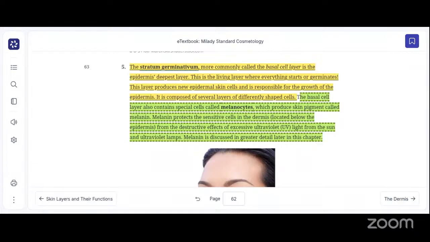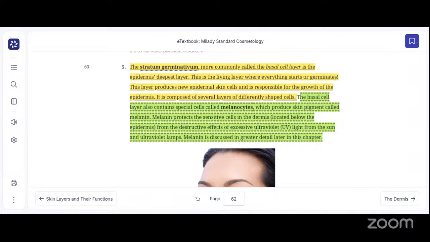Melanin comes out as a protector. It begins to protect us from the sun. Before you even know it, the melanin is being produced to protect you from harmful, excessive UV light. When people go tanning, they're trying to imitate the melanin.